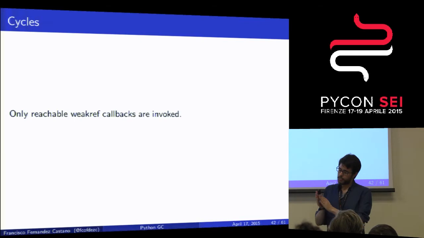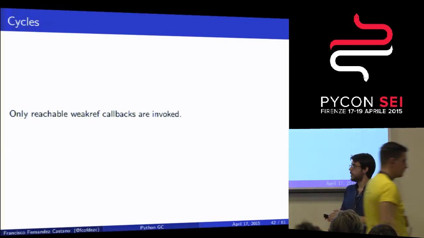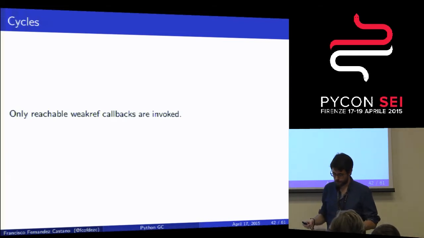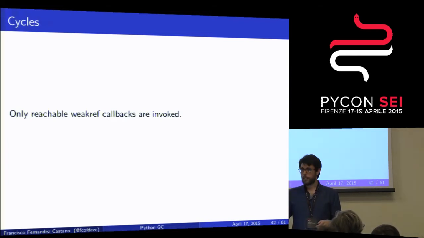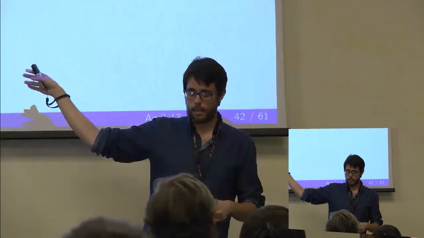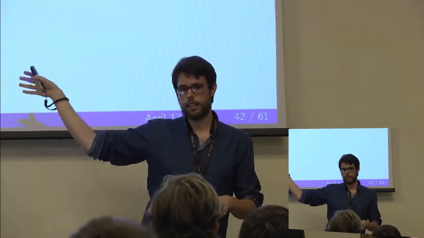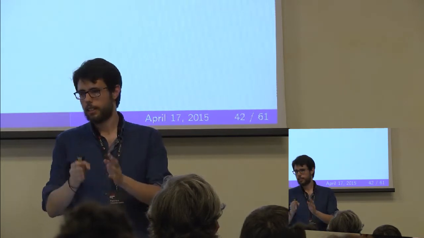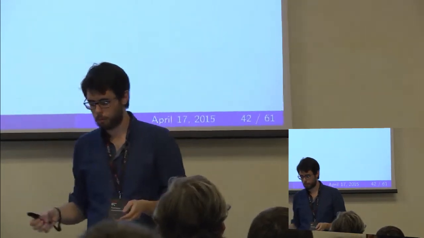And the other edge case that we have to deal with is weak references. Do you know what weak references are? Well, there is a module where we can declare a reference that is not a strong reference, so it's not counted in our reference count, and declare some callback or just a proxy to our object.